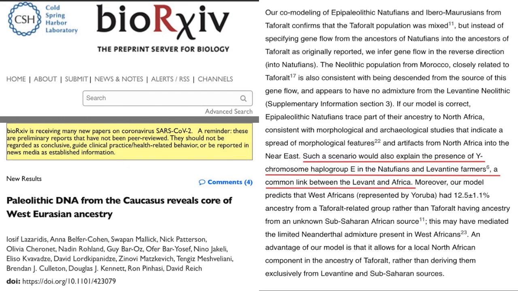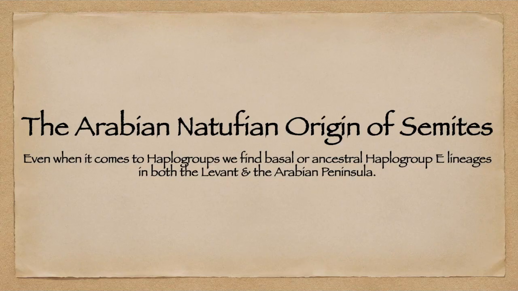This is from Paleolithic DNA from the Caucasus reveals core of West Eurasian ancestry, and it reads, such a scenario would also explain the presence of Y chromosome haplogroup E in the Natufians and Levantine farmers, a common link between the Levant and Africa. So the Natufians, who may be the ancestors of Semites, they had E markers.